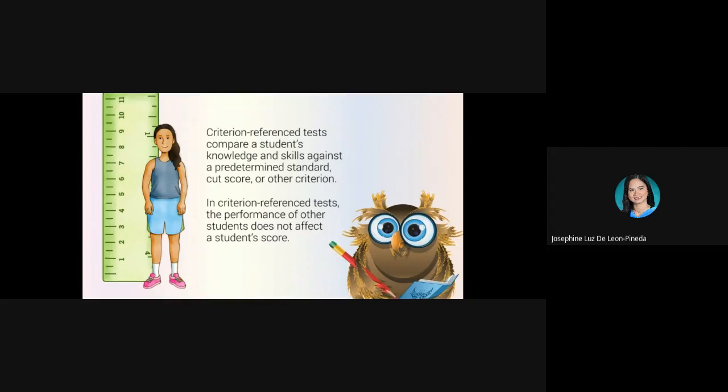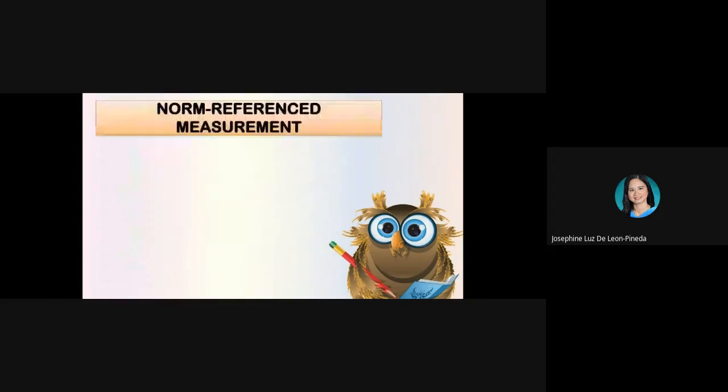So in the criterion reference test, again, it compares students' knowledge and skills against a predetermined standard, cut scores, or other criterion. In the criterion reference test, the performance of other students does not affect a student's score. So that is what we mean by criterion reference test.